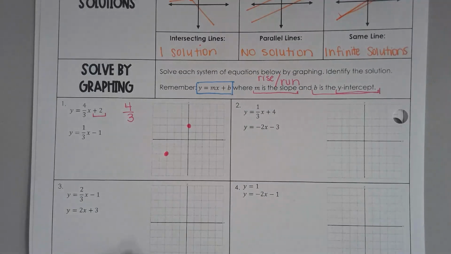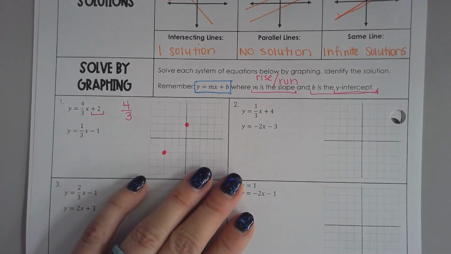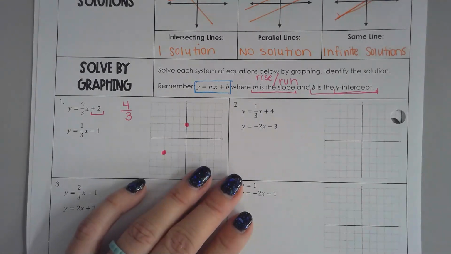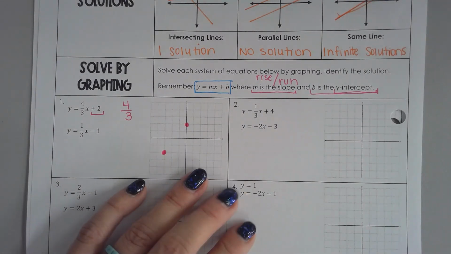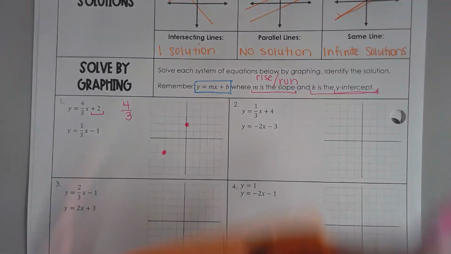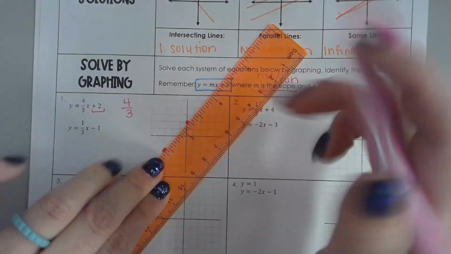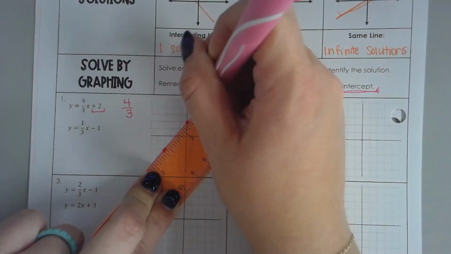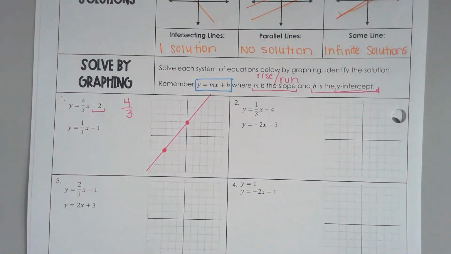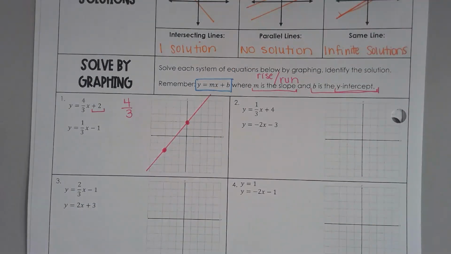When you're graphing these lines, you need to put as many points as will fit on your graph. Sometimes that's only 2. Sometimes it's 3 or 4. Put as many as you can. And then you're going to go all the way across the graph.